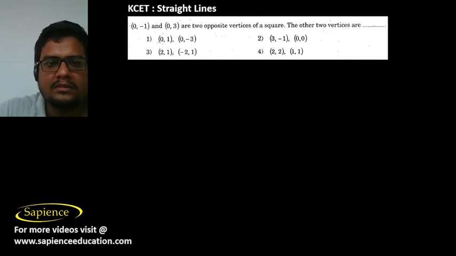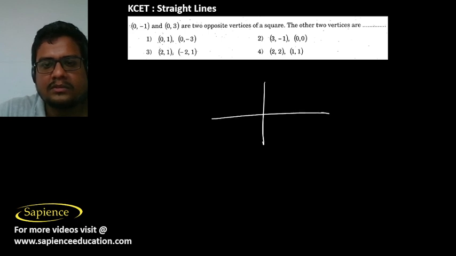Then it is told that (0, 0) and (0, 3) are two opposite vertices of a square.